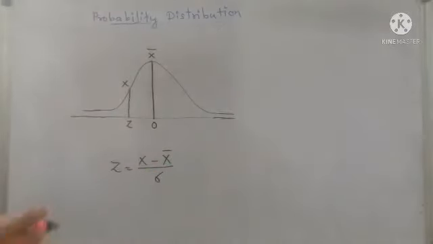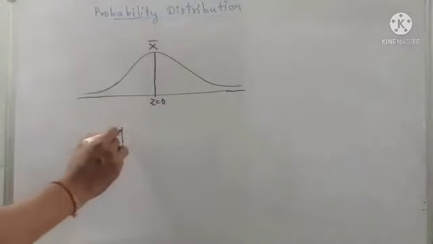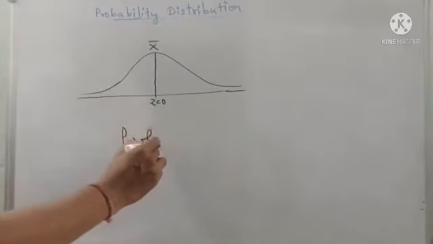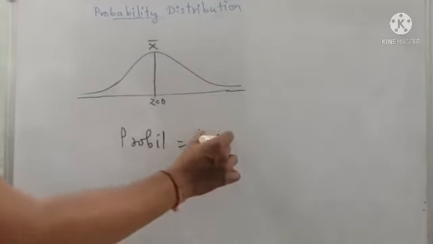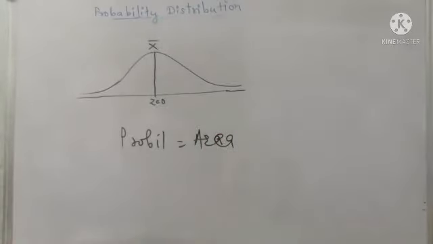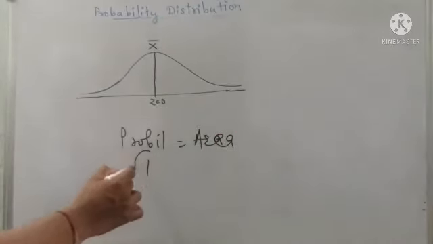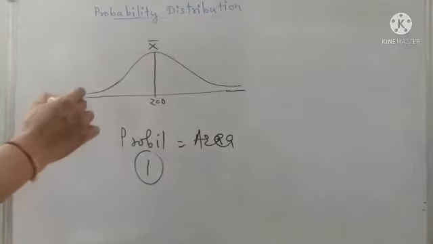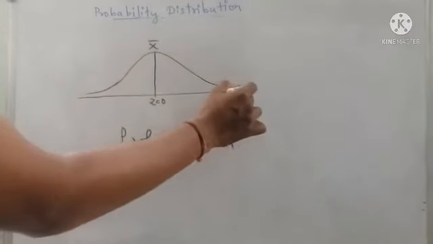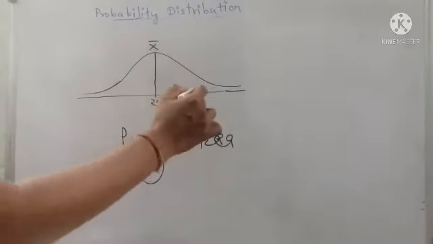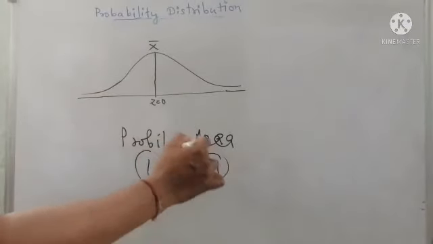Now we want to find the probability of the distribution. Probability is nothing but area. You understand this, as the probability is always 1. Similarly, the area between this normal curve, this bell-shaped curve, and the normal axis is 1.